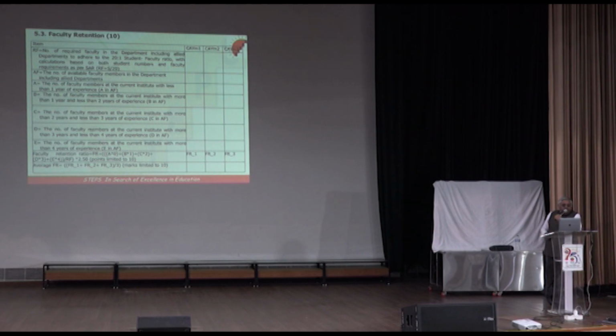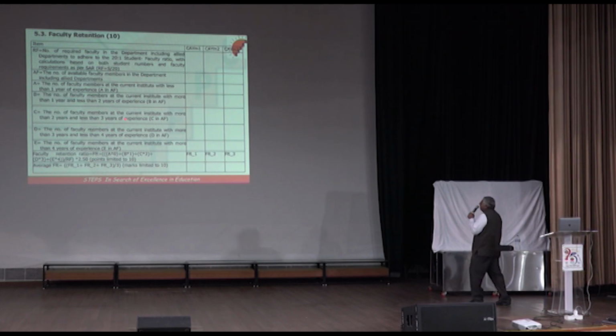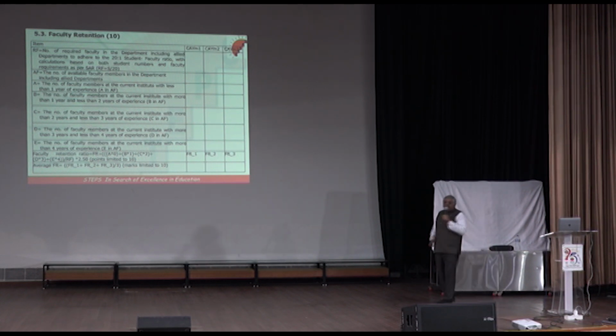Faculty retention, same, we have calculated it, it's almost the same, but few changes have been taken care of. Number of faculty members at current institution with more than 1 year or less than 2 years of experience. The number of faculty members at current institution with more than 2 years and less than 3 years, the calculation is like that.